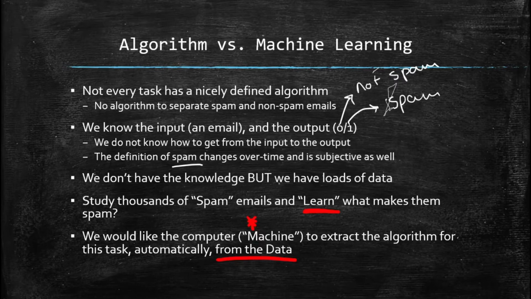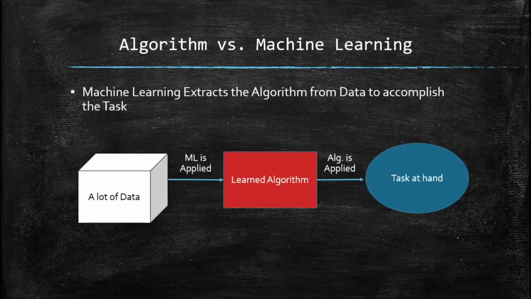So what we lack in knowledge about the algorithm, we make up for with the data that we have. This diagram shows this whole concept. Machine learning, and this is very interesting, extracts the algorithm from the data to accomplish the task.